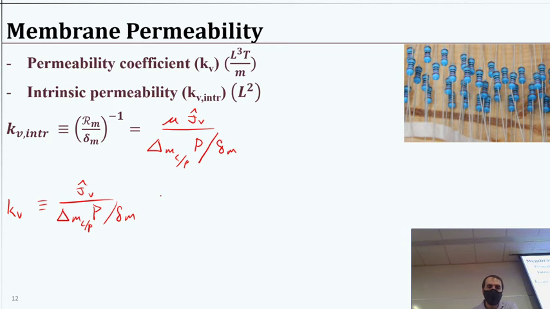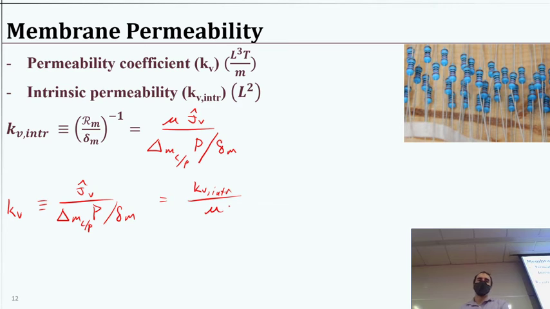And then we can say that the permeability coefficient is equal to the intrinsic permeability, Kv intrinsic, divided by mu.